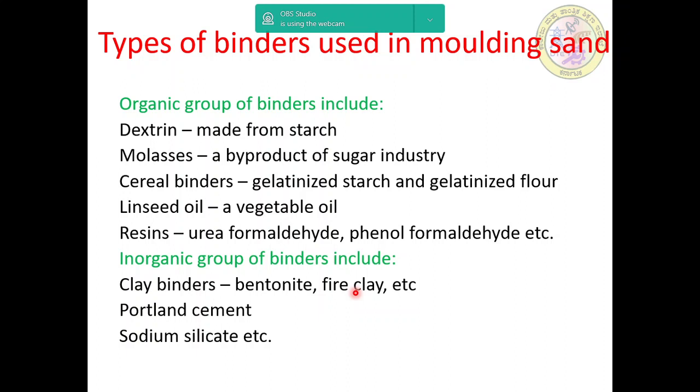Next we will go for types of binders used in molding sand. Binders are classified into two types: organic binders and inorganic binders.